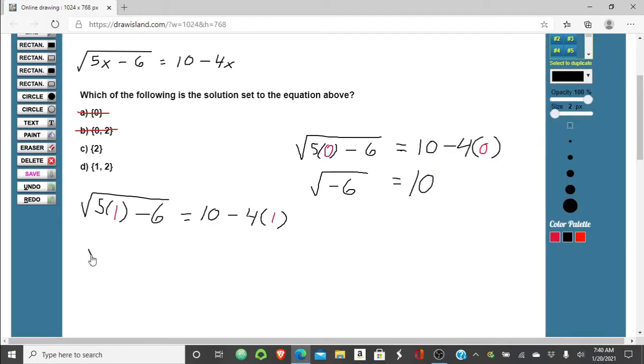Okay, so 5 times 1 is 5, so we have 5 minus 6, square root of that.